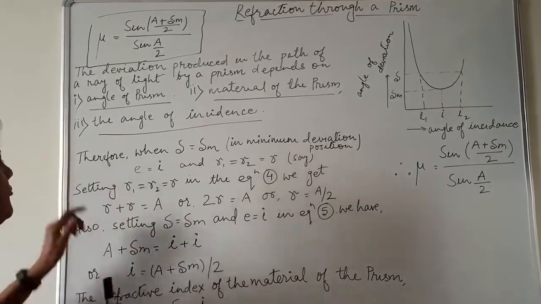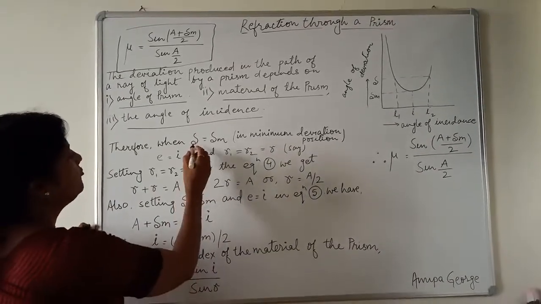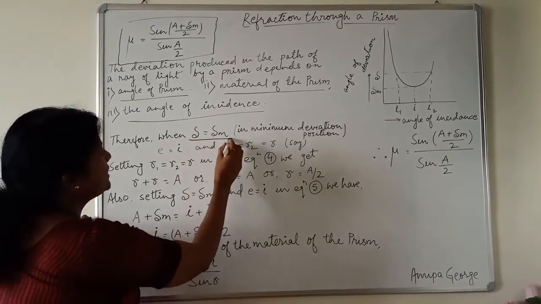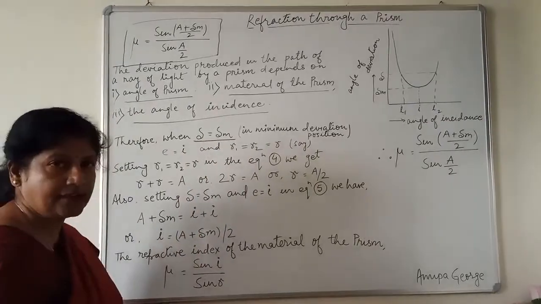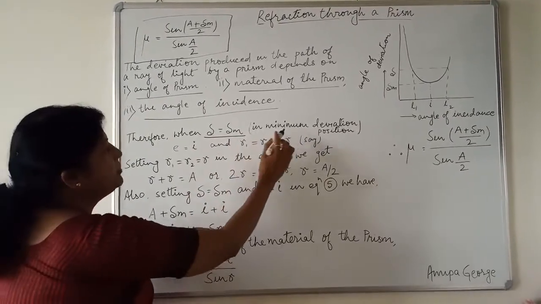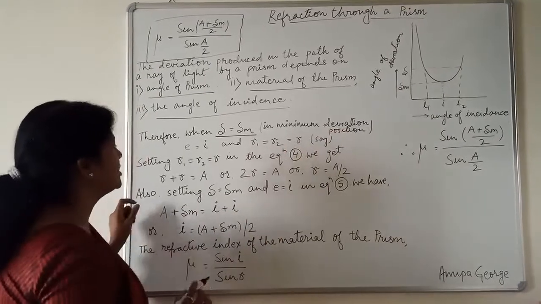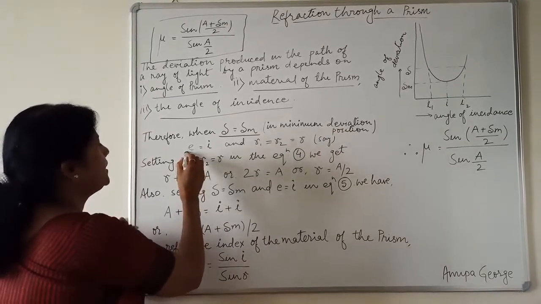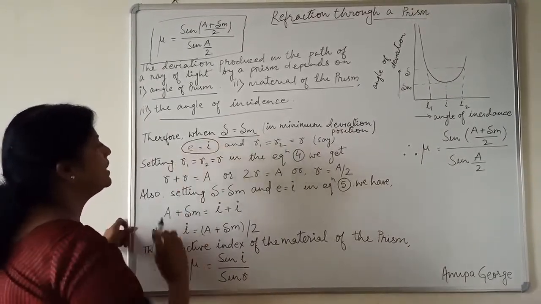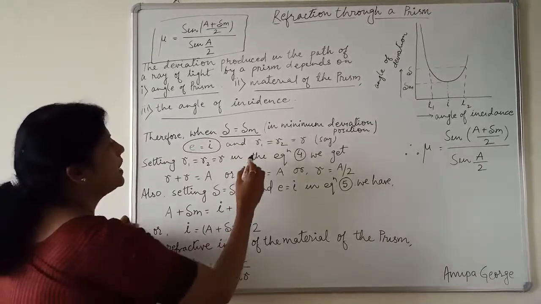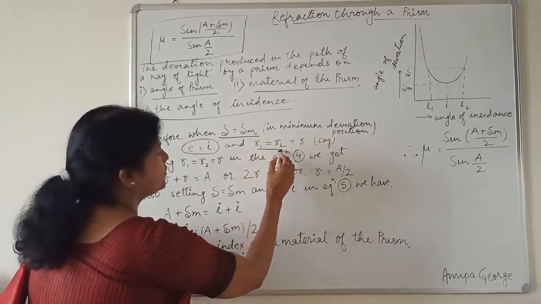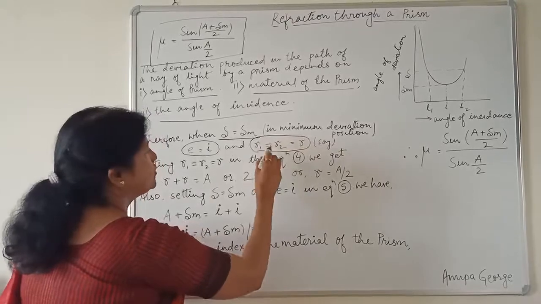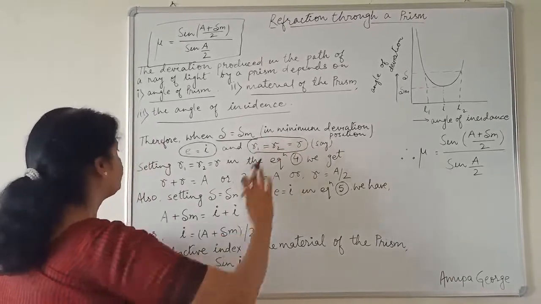Therefore, when del is equal to del m, that is, in the minimum deviation position, angle E is equal to angle I, and R1 is equal to R2 is equal to R, say.